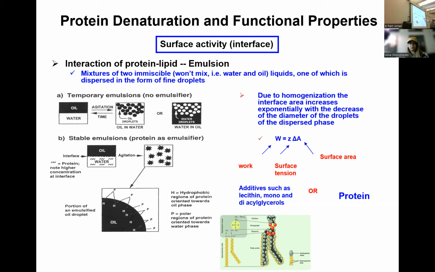Homogenization decreases the diameter of the droplet and helps increase the interface area. The emulsifier stabilizes, whether our protein or, in some cases, surfactants such as lecithin, a phospholipid, or mono- and diacylglycerols. This is the famous phospholipid structure.